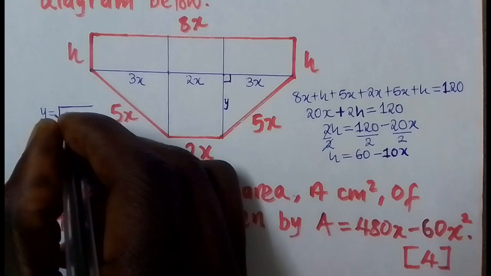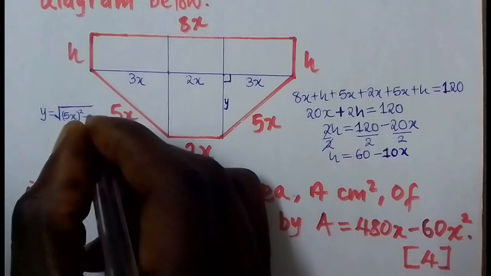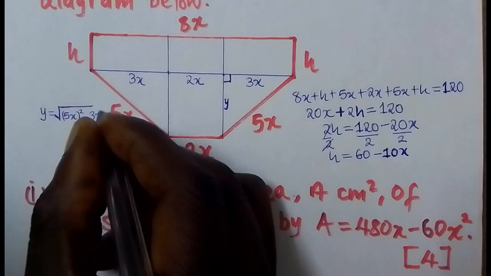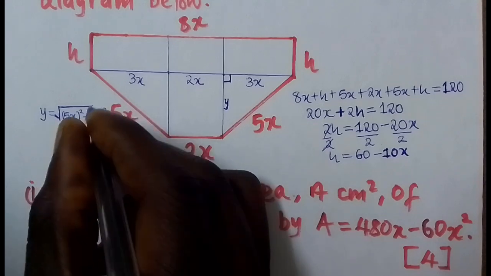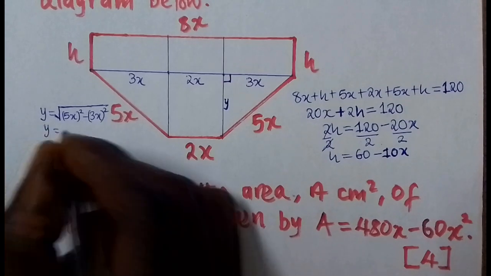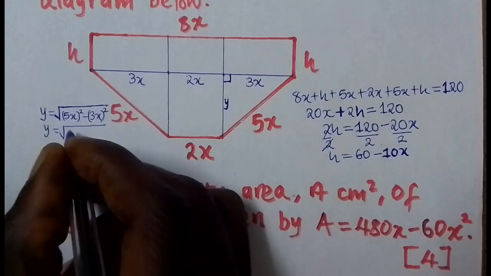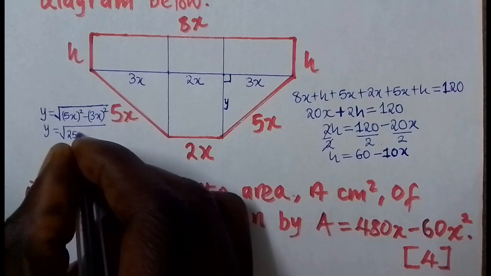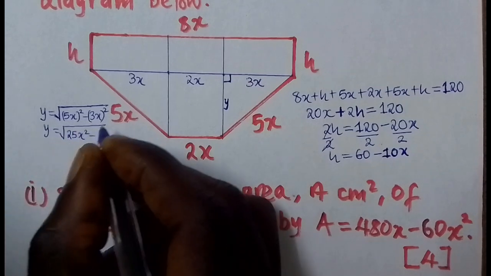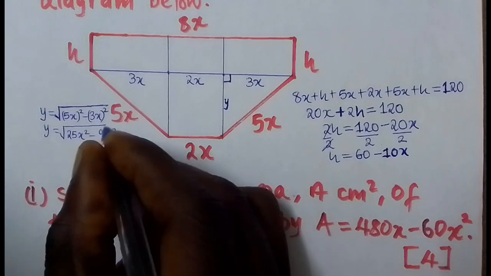So this is 5x in brackets square minus 3x in brackets square. So this will give us y equal to square root. So 5x square gives 25x square, then minus 3x square gives 9x square.